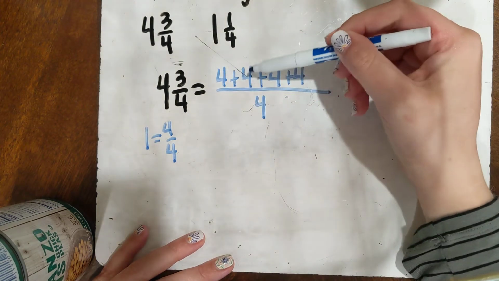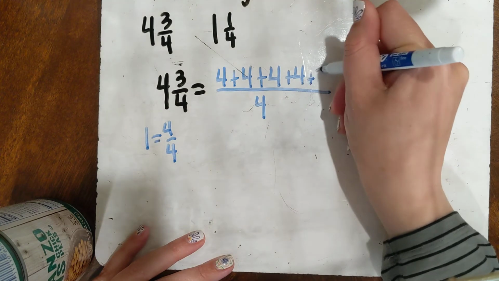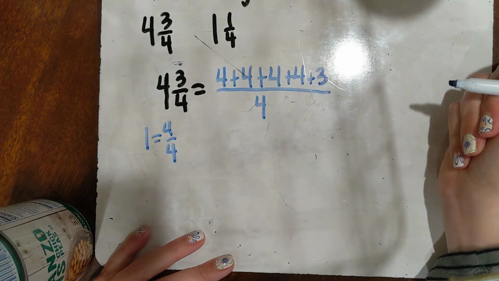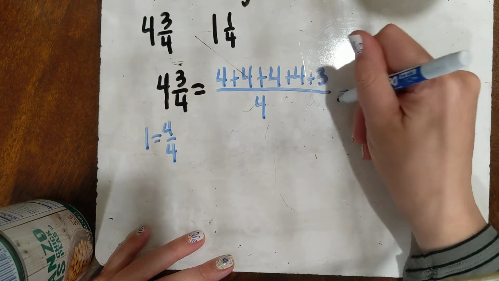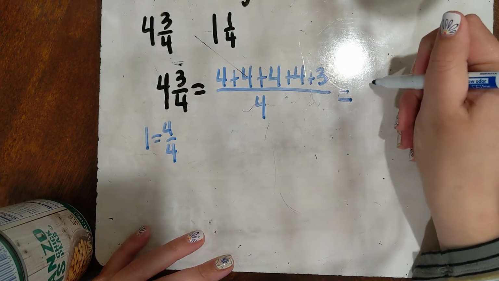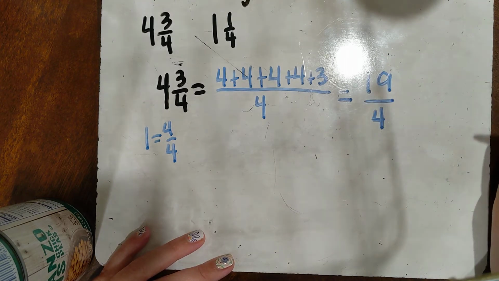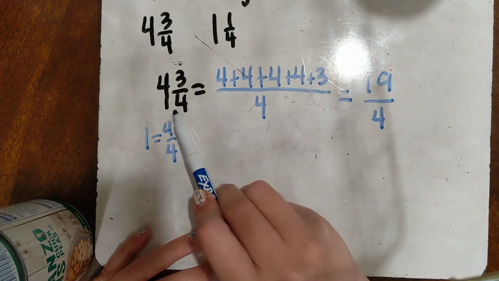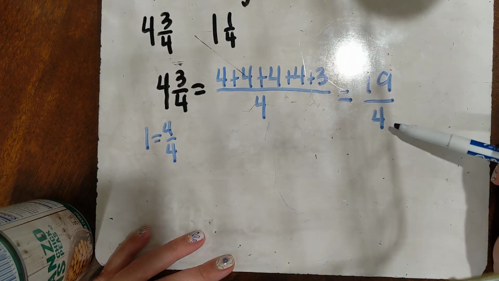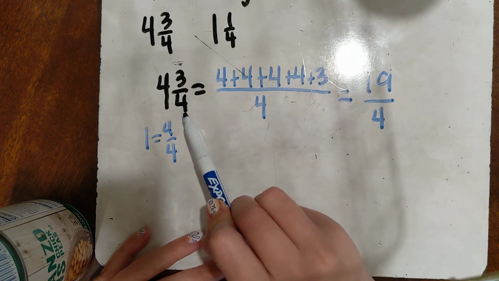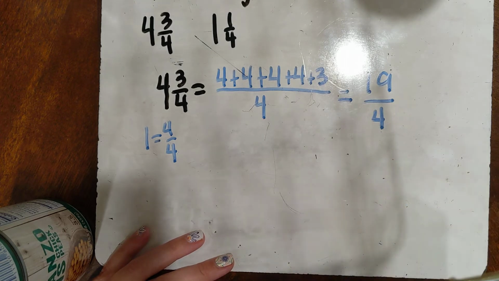Okay, so I have 1, 2, 3, 4 for my wholes, and then 3 for my parts. So when I add all of that together, then I get 19/4. So 4 3/4 is equal to 19/4. The equivalent improper fraction for this is 19/4.